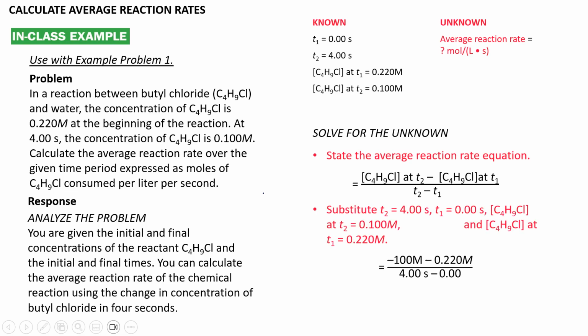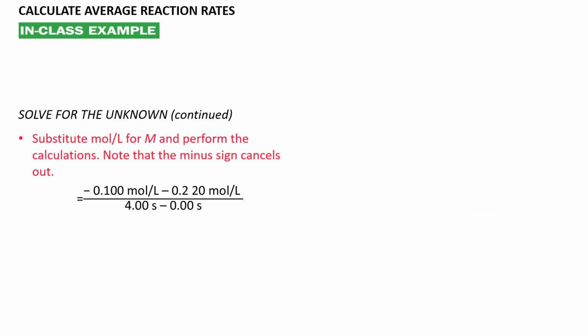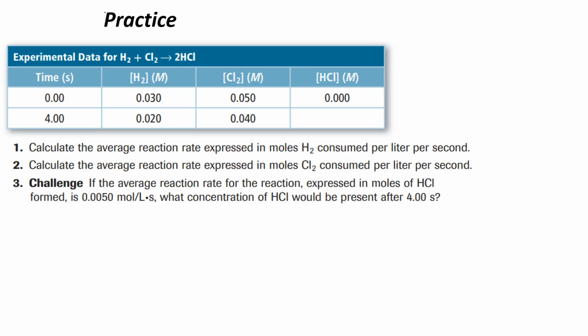You can have a look at the book's explanation here. Stop the video and have a look at it if you want to study the problem again. Okay? Okay, guys. These are problems which you can solve. You have the reaction here. You have the concentration. This is initial. This is final time.